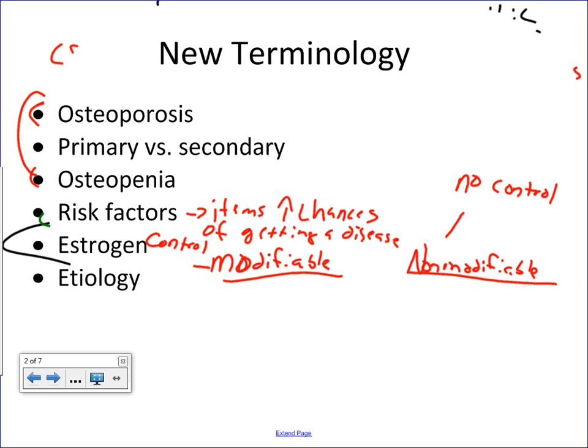So let me ask you guys this. What are some aspects of your life, of your physiology, whatever you want to call it, that you have absolutely no control over, that bad things are just going to happen, or could potentially happen just as a result? What do you think you have no control over in your life, that there's nothing you can do to change?